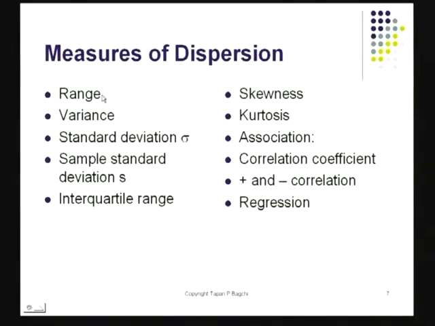Then there is something called the dispersion of the data. How are the data distributed? How are they spread around? Are they really concentrated together when I've got good precision, or are they spread around a lot? The measure for this is the measure of dispersion. How do we find that out? The very first one is called range. Range is the difference between the maximum value of the observation and, within the same sample, the minimum value of the observation.